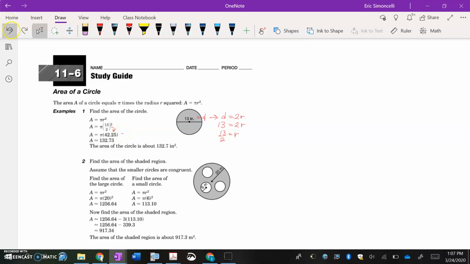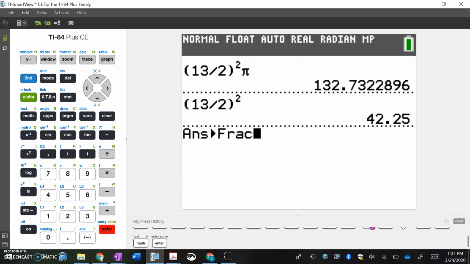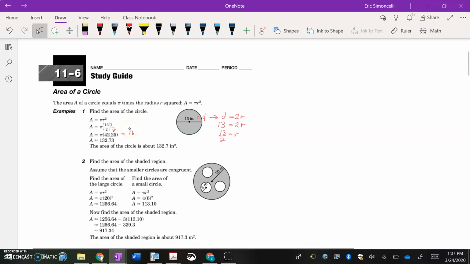And I would go as far as to maybe rewrite that as a fraction. Math, convert to fraction. So 169 over 4. Just to kind of keep your options open. This is in terms of pi. In this particular case, the decimal version is just as good.